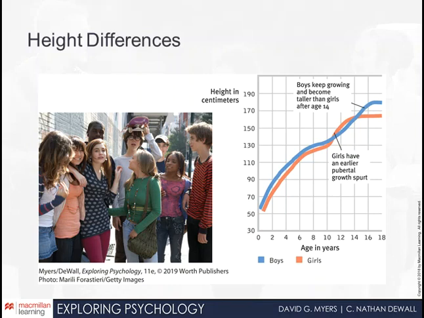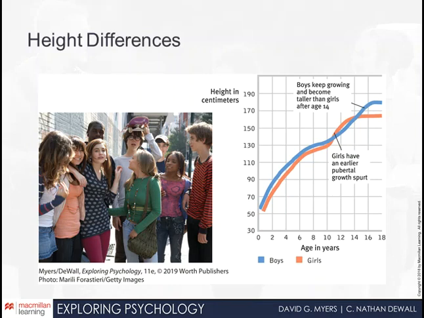Now, you may recall when you were younger and started going through puberty that females will enter puberty first. Girls have an earlier pubertal growth spurt, so they will tend to grow faster and taller and develop more physically as an adult develops, more so than their male counterparts.